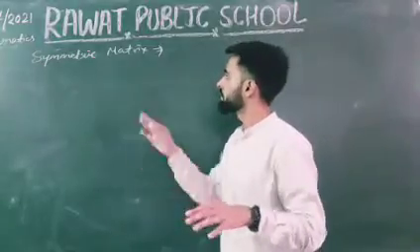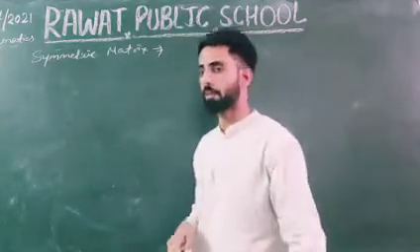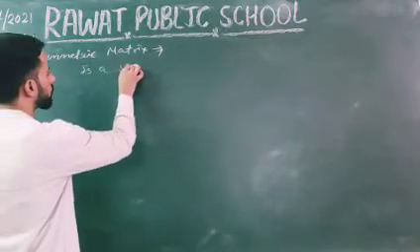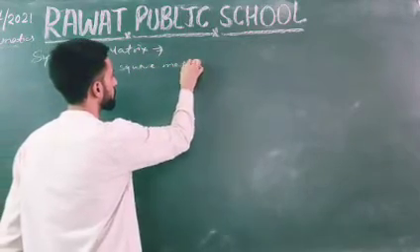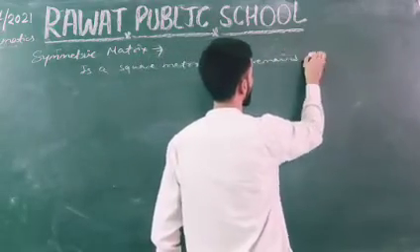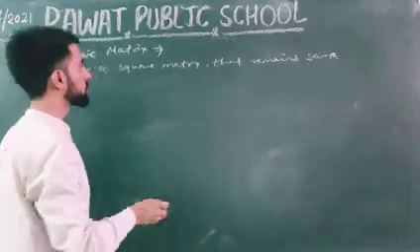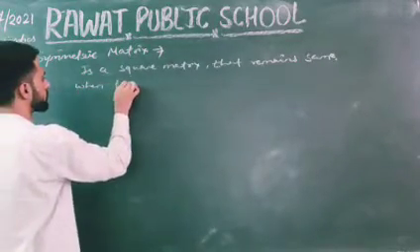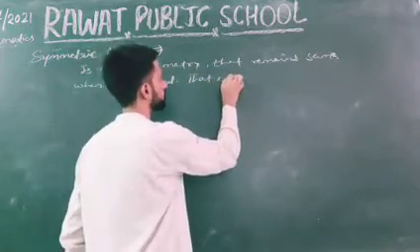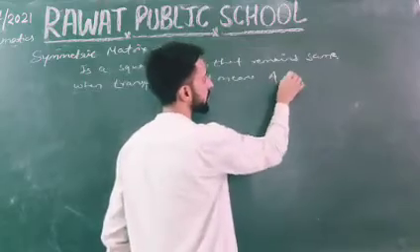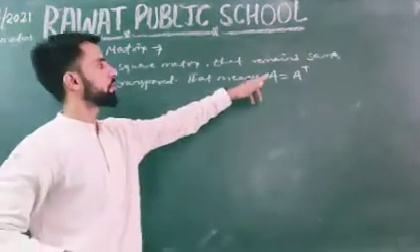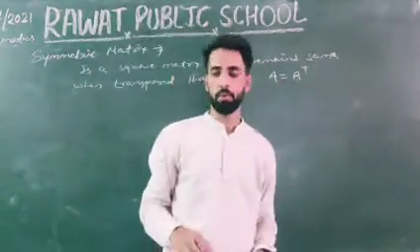That means a symmetric matrix has to be a square matrix. So what definition can I write? The symmetric matrix is a square matrix that remains the same when transposed. That means matrix A will be equal to AT. The original matrix A will be equal to the transposed matrix.